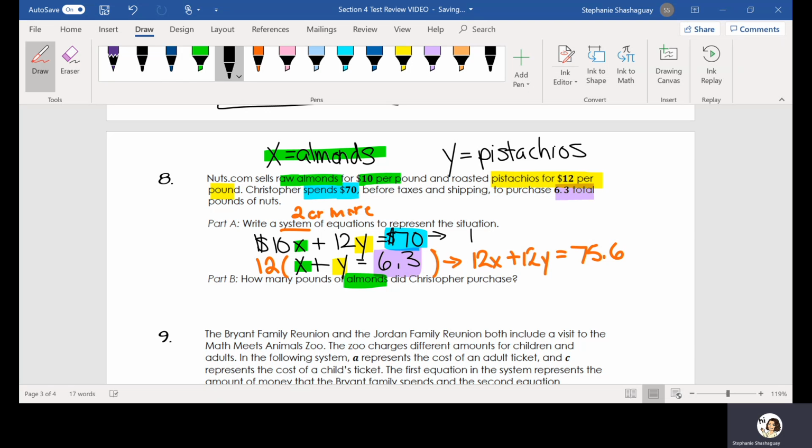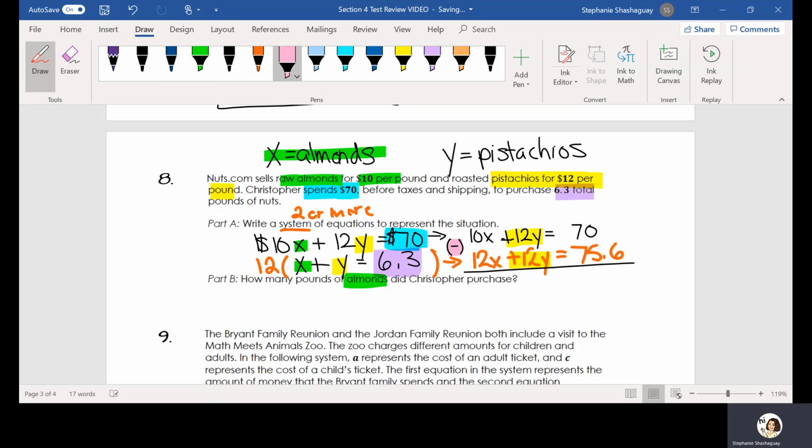So 10x plus 12y is equal to $70. Okay. Now that I have my two equations, and now that I have the same coefficient for my y, now I can subtract these two equations.